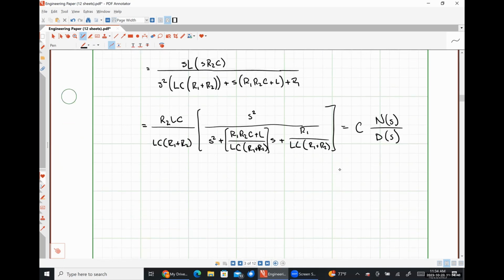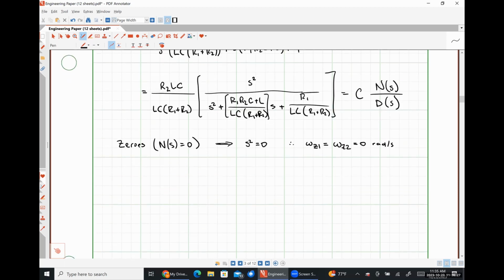For our zeros, we want N of S to be equal to 0, which means we want S squared to be equal to 0, which in turn gives us the following zeros. So omega z1 will be equal to omega z2 will be equal to 0 radians per second. So we have two repeated zeros at 0.